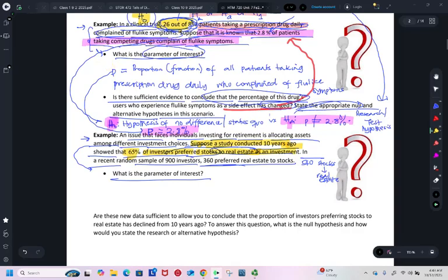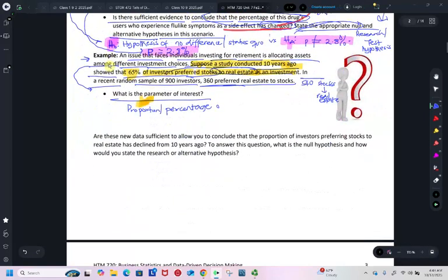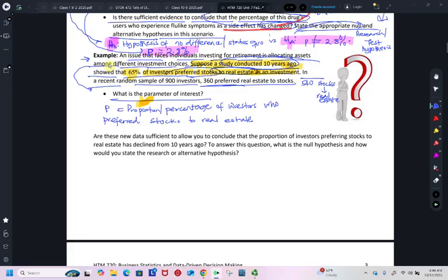So, the parameter or characteristic of interest will be the proportion, or if you will, percentage, of investors, the population of interest, who preferred stocks to real estate. That was what we have data on in the past. We're going to represent that again by P, the unknown proportion.